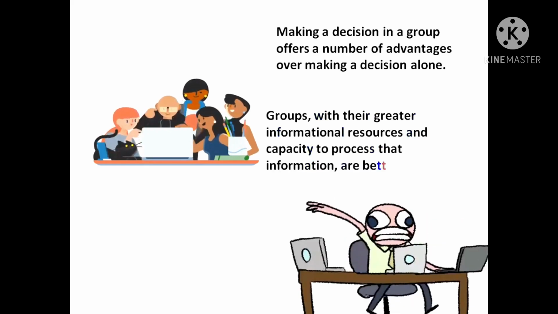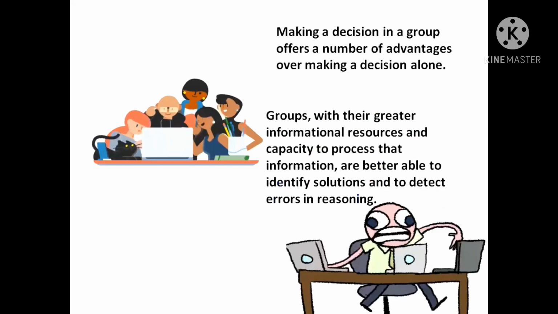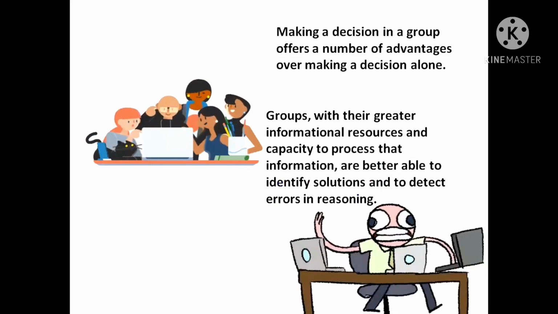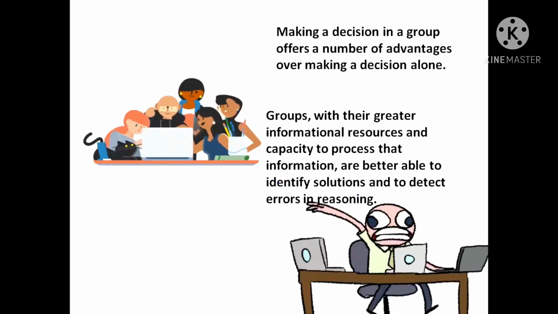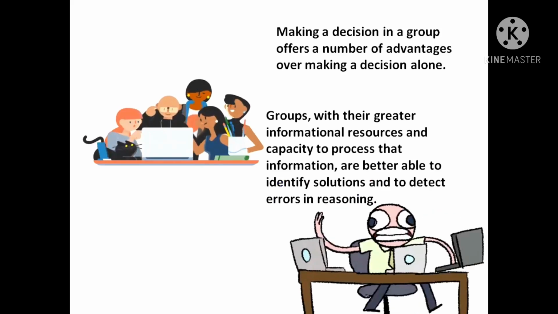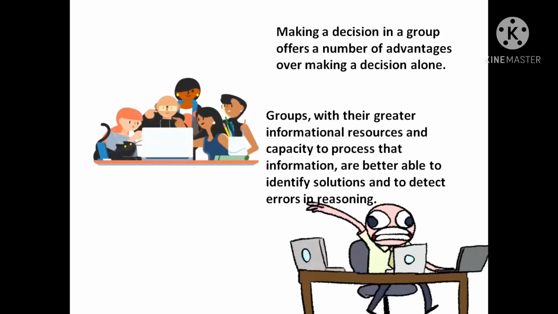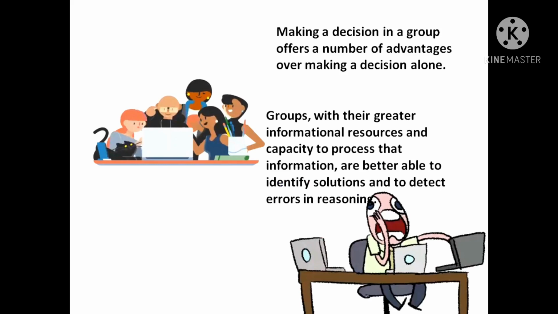Groups, with their greater informational resources and capacity to process that information, are better able to identify solutions and to detect errors in reasoning. Members may also find a group's decision more satisfying than that of a single individual, particularly if the group uses consensus building decision processes.